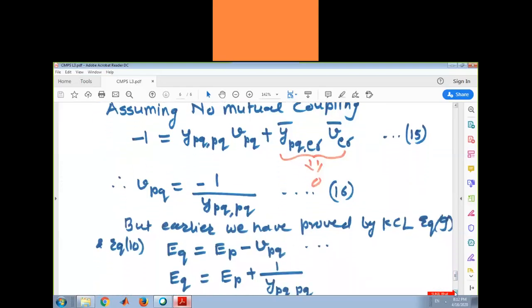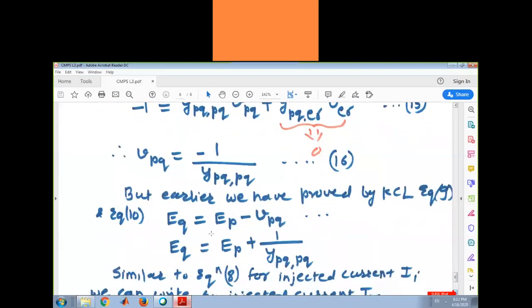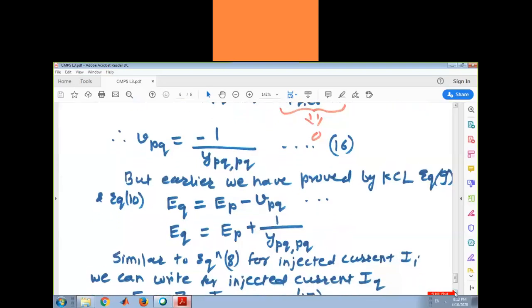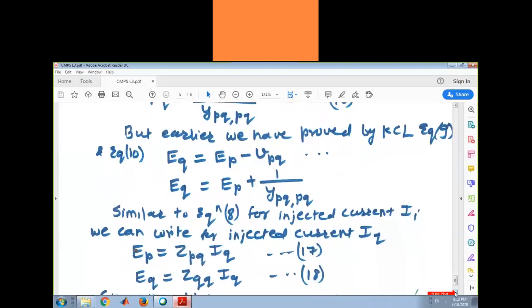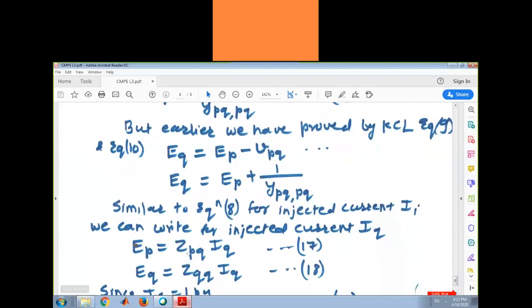Earlier we have proved by KVL that EQ is equal to EP minus VPQ. Now VPQ is equal to minus 1 upon YPQPQ. So EQ is equal to EP minus of minus 1 upon YPQPQ, which is EP plus 1 upon YPQPQ. And again we know that EQ is nothing but ZQQ into IQ. EP is nothing but ZPQ into IQ.